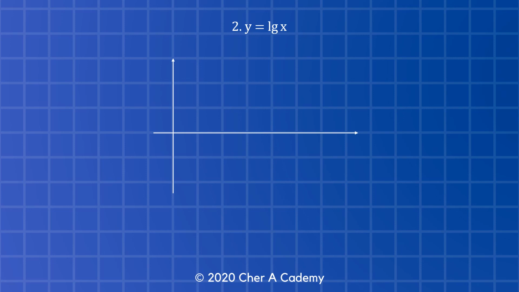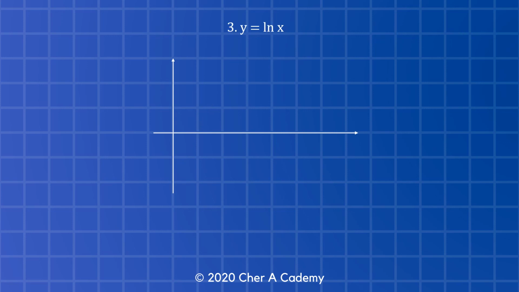Common log x means my base is 10, so my base is more than 1. So I will be drawing the log graph like this: from below, go up, cuts the x-axis at 1, and there we have it.